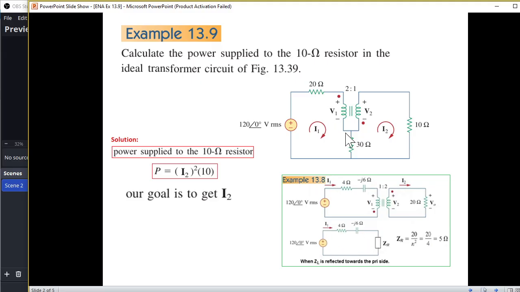This circuit is slightly different because the two ends of the transformer are connected through a resistance to the ground, and therefore we cannot transform or reflect the load. So we have to use the mesh relation or KVL.